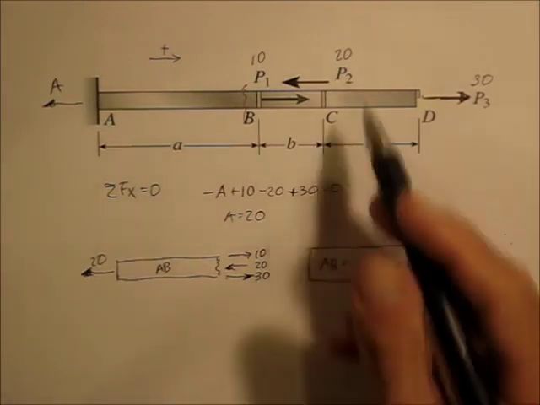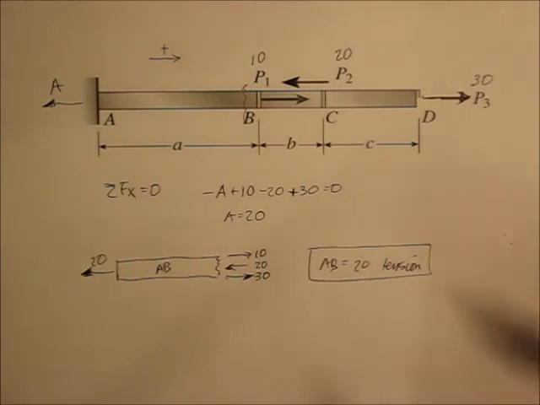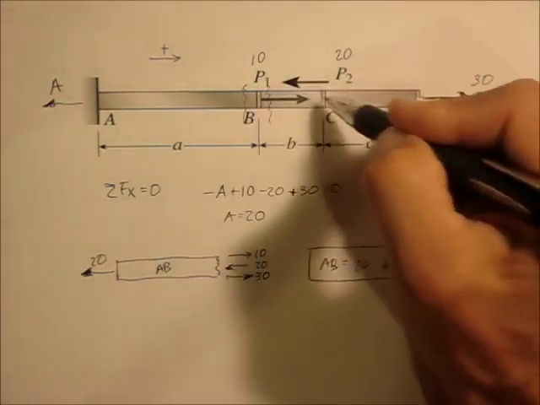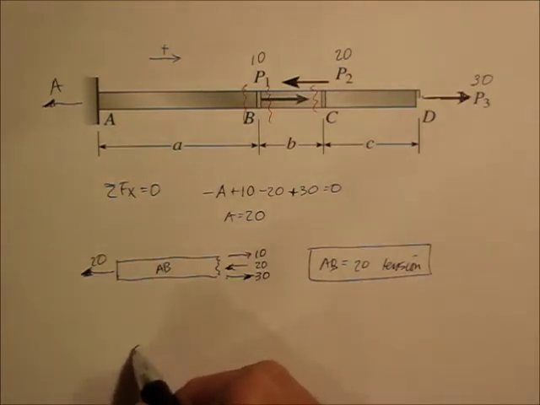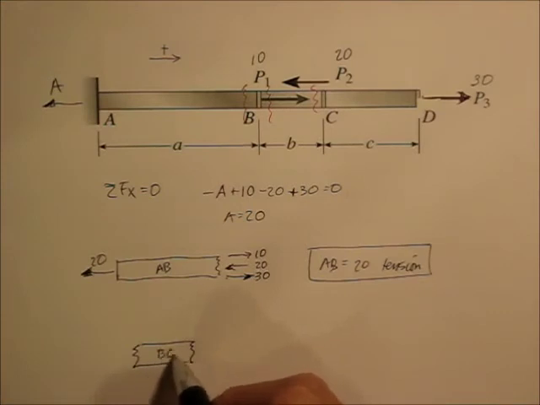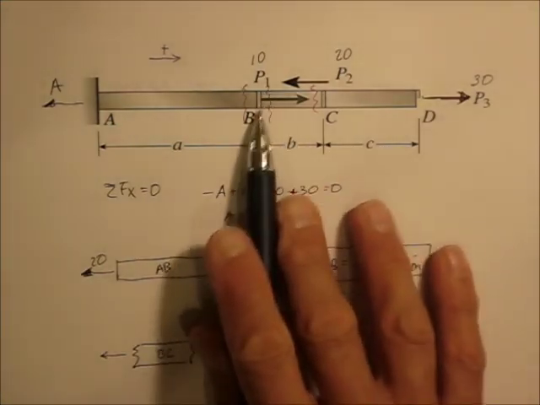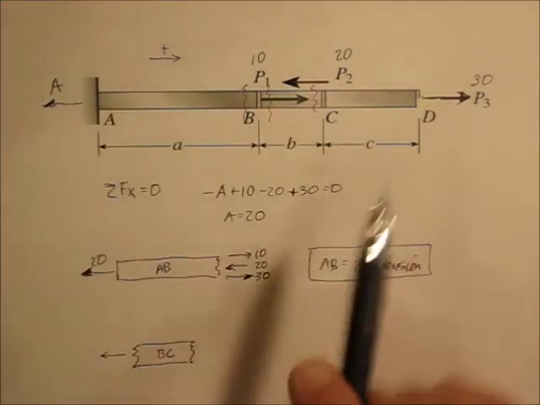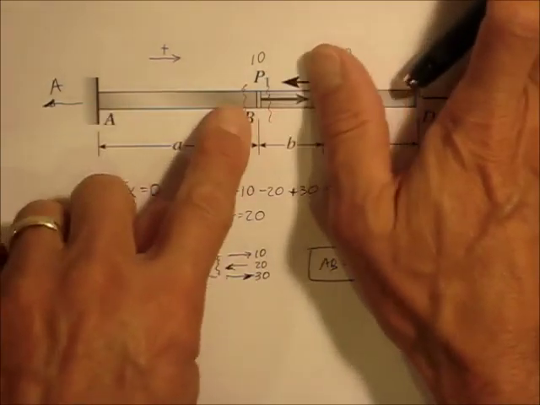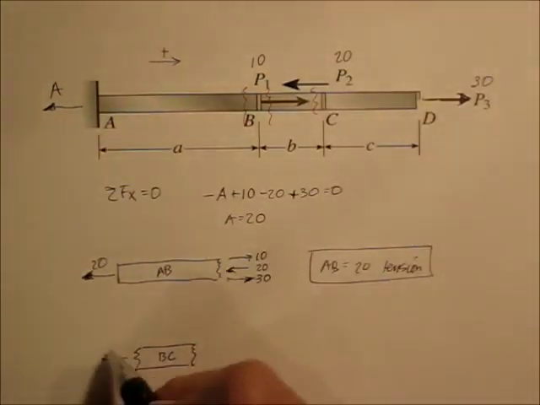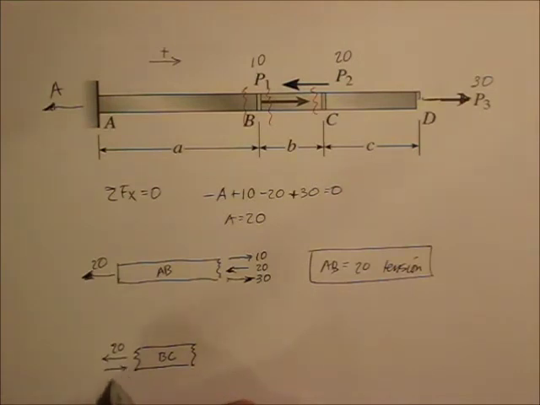Okay, how about BC? Well, we can draw two little sections now, one on each side of that. So let's draw little sections of BC. And I know whatever happens over there has to be equal to whatever happens over there because that section is in equilibrium, so let's add them up. On this side, I got a minus 20 and a positive 10, so this is 20 and 10.